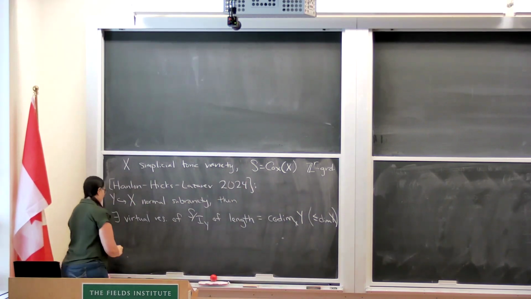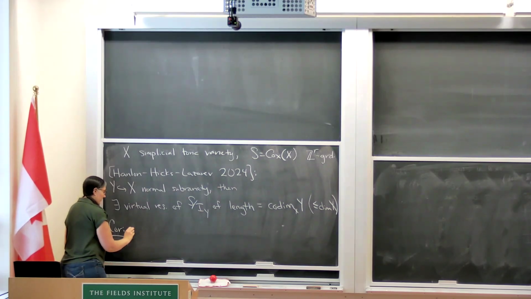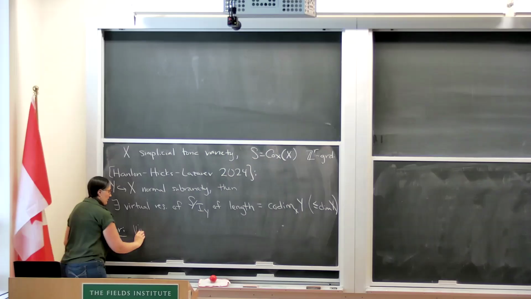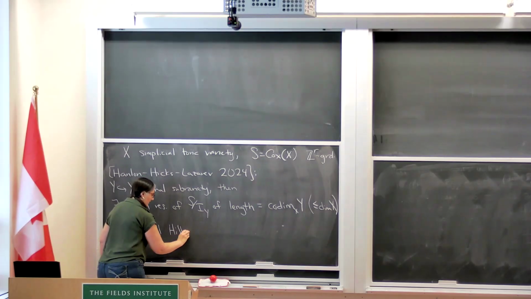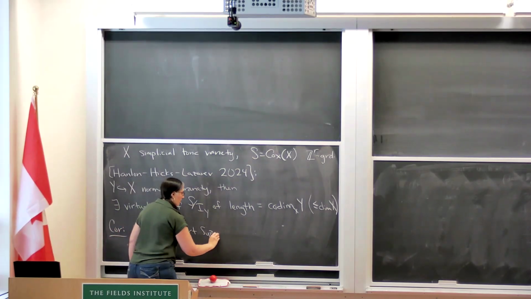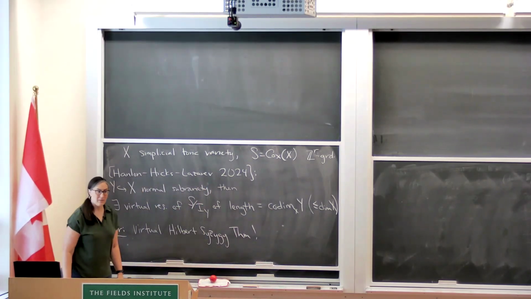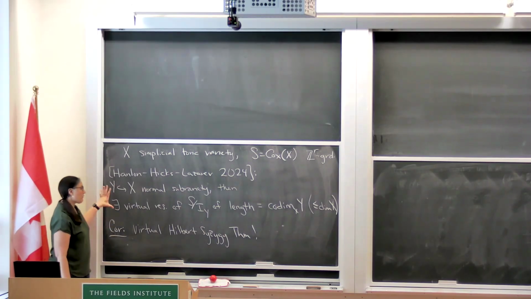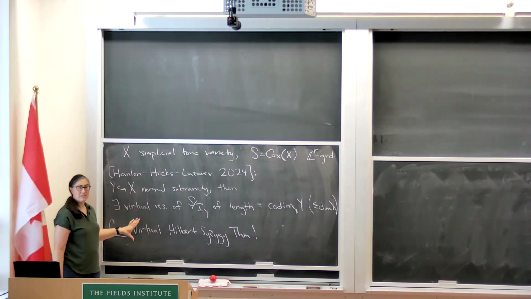Okay, fabulous. So this gives us the virtual Hilbert syzygy theorem that we have in this setting. And in fact, I've only stated it for things that look like S mod I_Y. But you can use what they did to get this for any module in this setting.